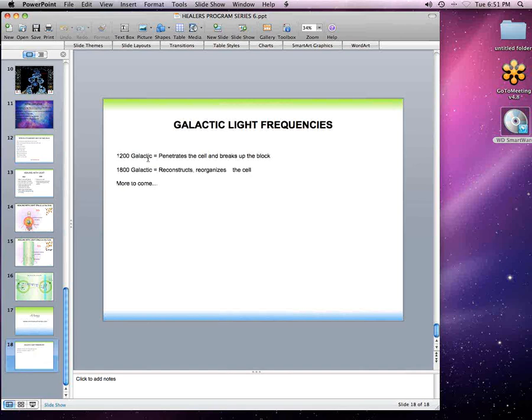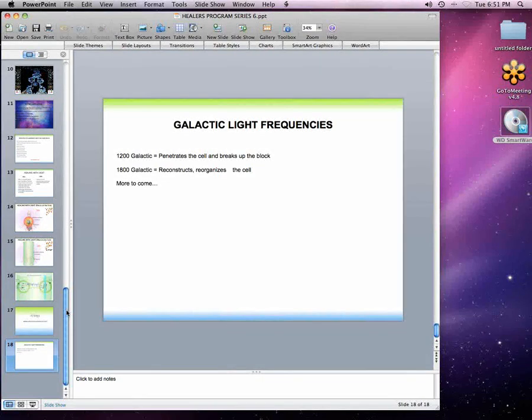For example, a 1200 galactic is a form of cosmic light that is not planetary. It is past the planetary grid, but if you invoke specifically that frequency through your intent, it comes through and acts very quickly. It breaks up the blocks instantly.